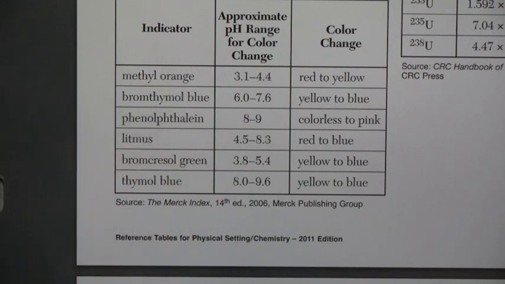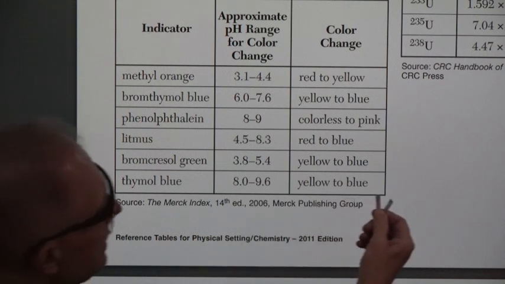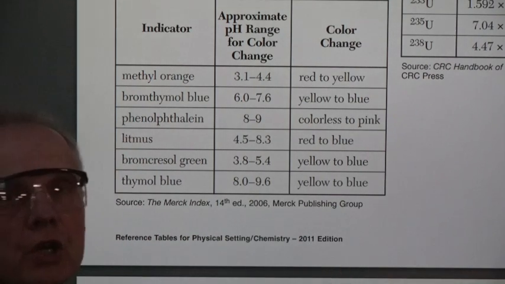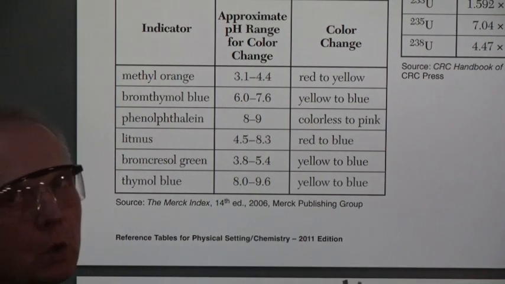So next, with the litmus paper, this is NaOH. This is sodium hydroxide. This is a base. So let's put 1 drop on here, 1 drop on here. And if you look, the base turned litmus paper blue.